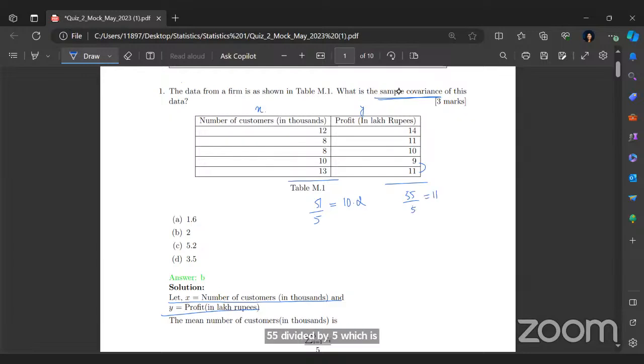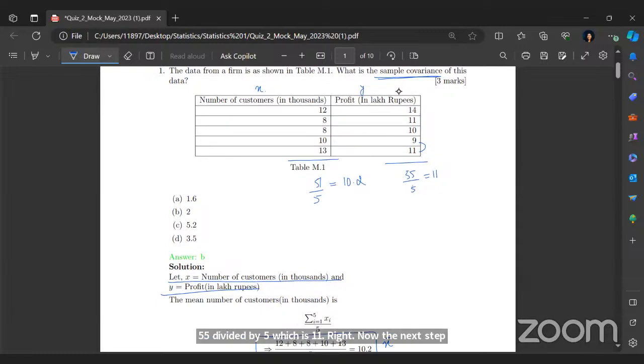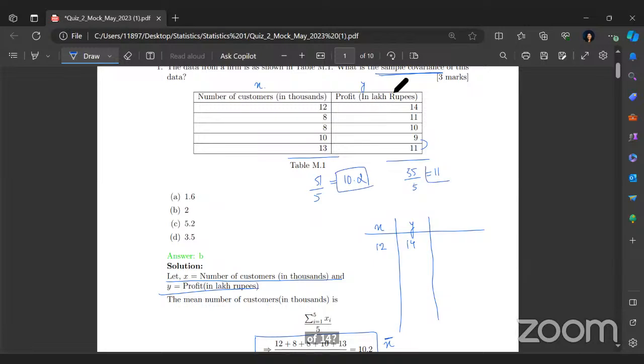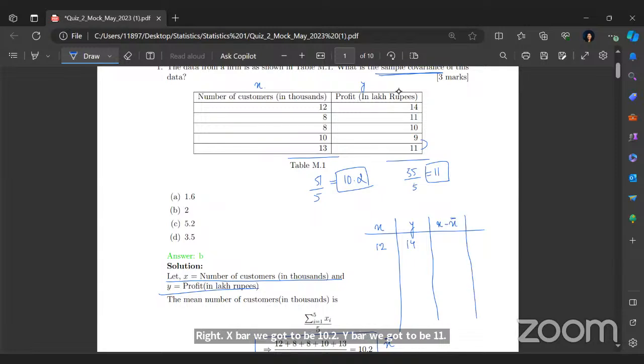Now the next step would be, I'll make a separate table here for clarity. So you have X, which takes the value 12, and Y taking the value 14. X bar we got to be 10.2, Y bar we got to be 11. Now we do X minus X bar and Y minus Y bar.